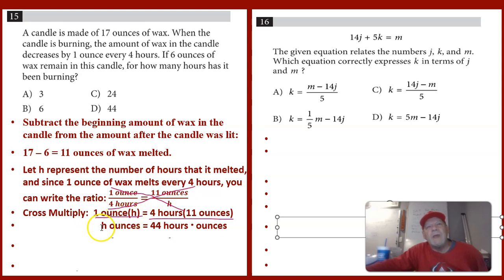H times 1 is H, and you wouldn't say H ounce, you'd say H ounces, equals 4 times 11 is 44 hours times ounces. So what are we trying to find here? We're trying to find what H equals. So how would you get rid of ounces?